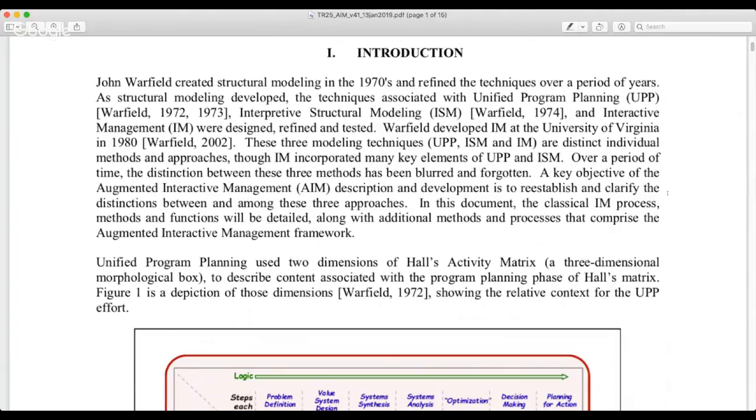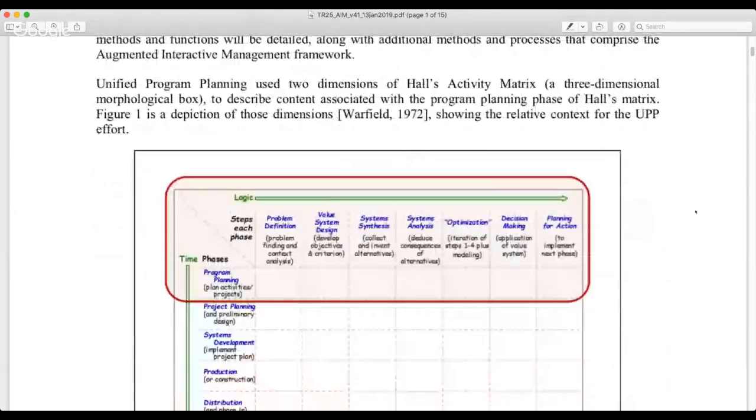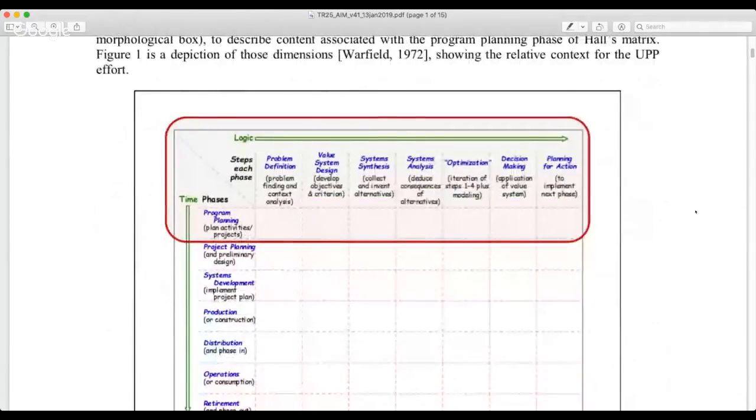So what we wanted to point out here is that unified program planning was first, and it was based on the dimensions of the Hall's activity matrix, very clear here in large-scale program planning. In your program planning, you plan activities and processes.